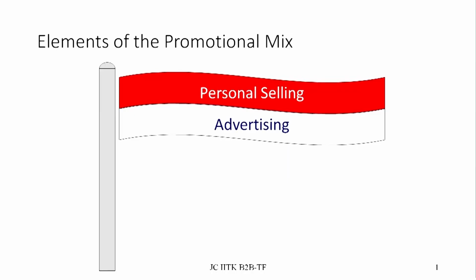Then we have advertising, which is one-to-many. Now, obviously, advertising in this scenario which we just now discussed, that means you are the marketing communication manager and you are developing the communication package for your company manufacturing textile machines, addressing the needs of textile manufacturers.